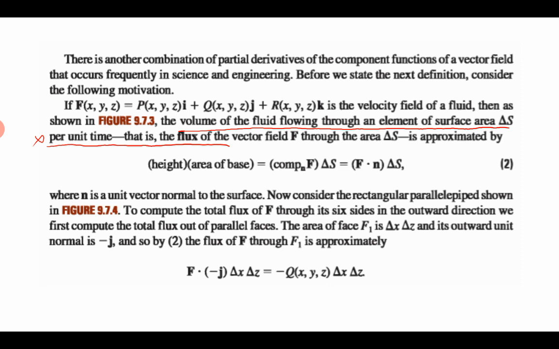Now F is assumed to be Pi, Qj, Rk. Now the volume is obviously height and base. Height is the component function, and dS is the base. F dot n: F vector with its outward normal vector.